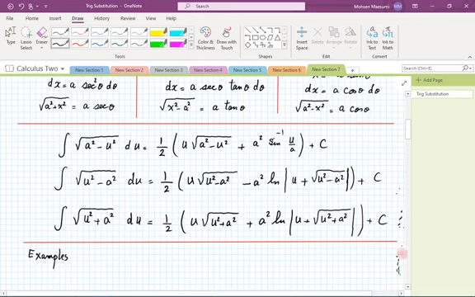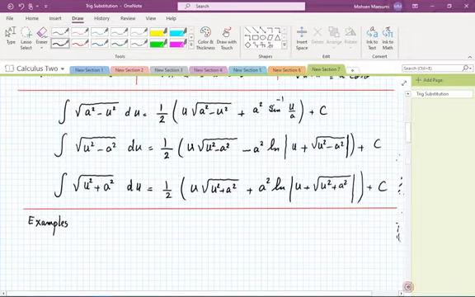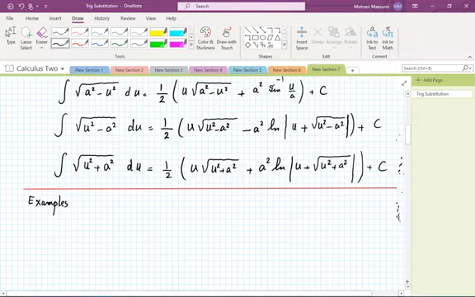Let's start with the very first one of these. Let's say an integral that is dx over x squared times the square root of 16 minus x squared.